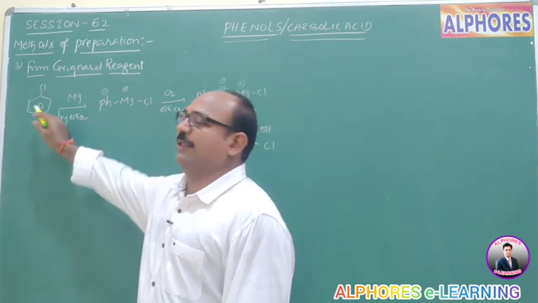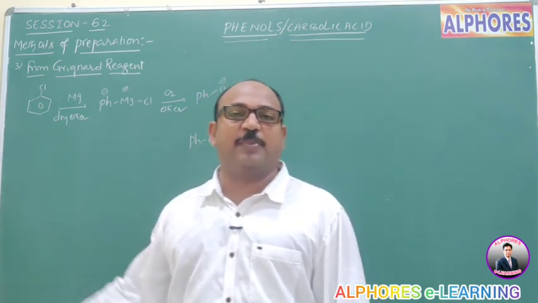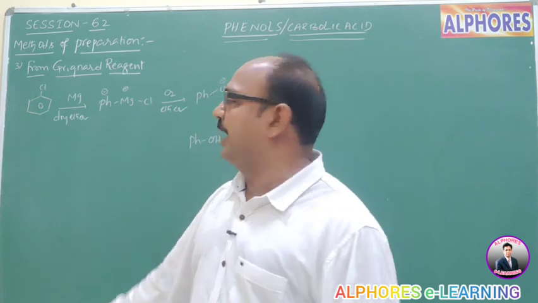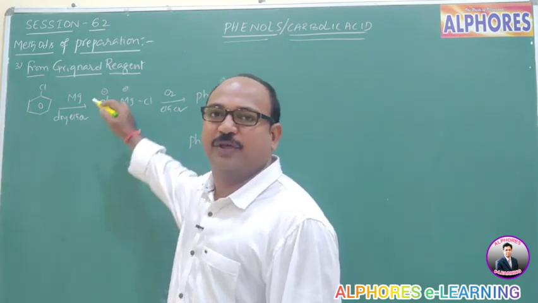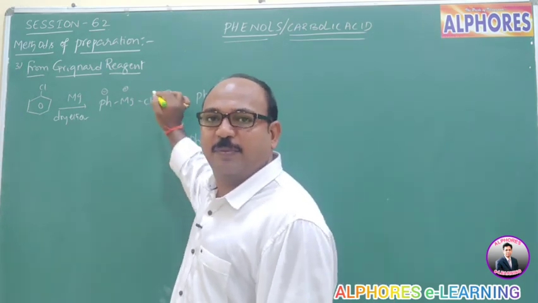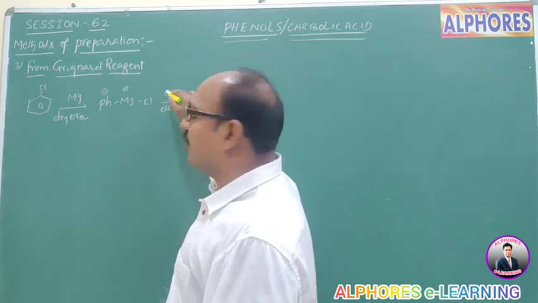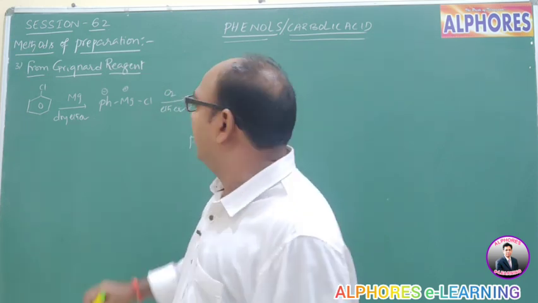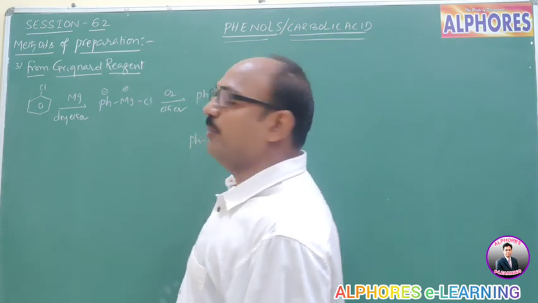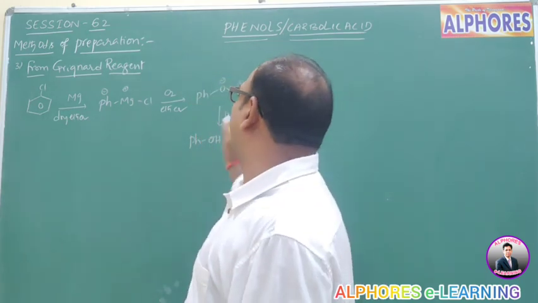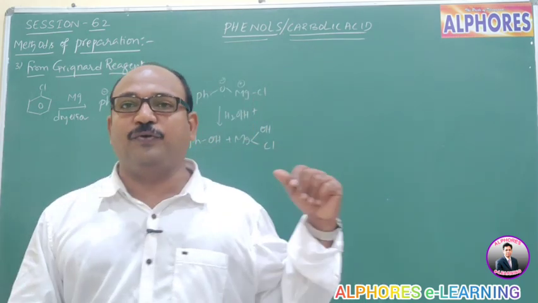Once again, either chlorobenzene or bromobenzene upon reaction with magnesium metal in presence of dry ether, we are getting phenyl magnesium halide, which upon oxidation, means oxygen in presence of ether, gives phenoxy magnesium chloride, which upon hydrolysis gives phenol.